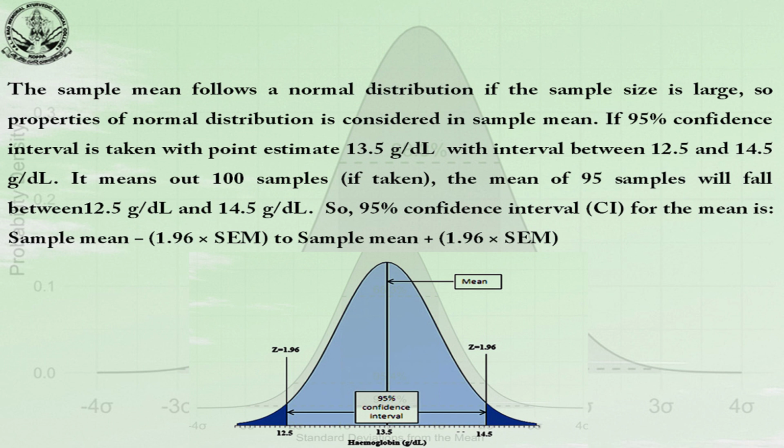It means that out of 100 samples, the means of 95 samples will fall between 12.5 gram per dl and 14.5 gram per dl. So the 95% confidence interval for the mean is sample mean minus 1.96 times the standard error of the mean, to sample mean plus 1.96 times the standard error of the mean. That is the 95% confidence interval. We will see later how this 1.96 comes.